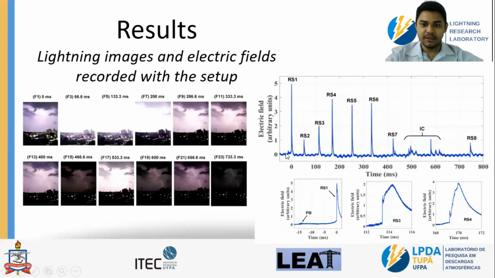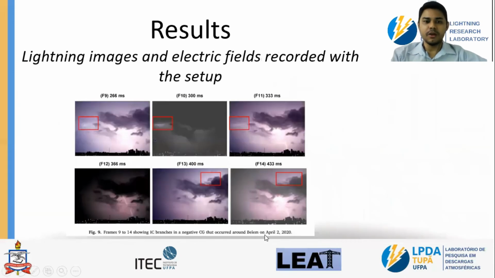You can see here the electric field records, and here a few images that we could record, where we can see the lightning channel here. We also could see intra-cloud branches in the image that could be related to the electric field signatures of intra-cloud.